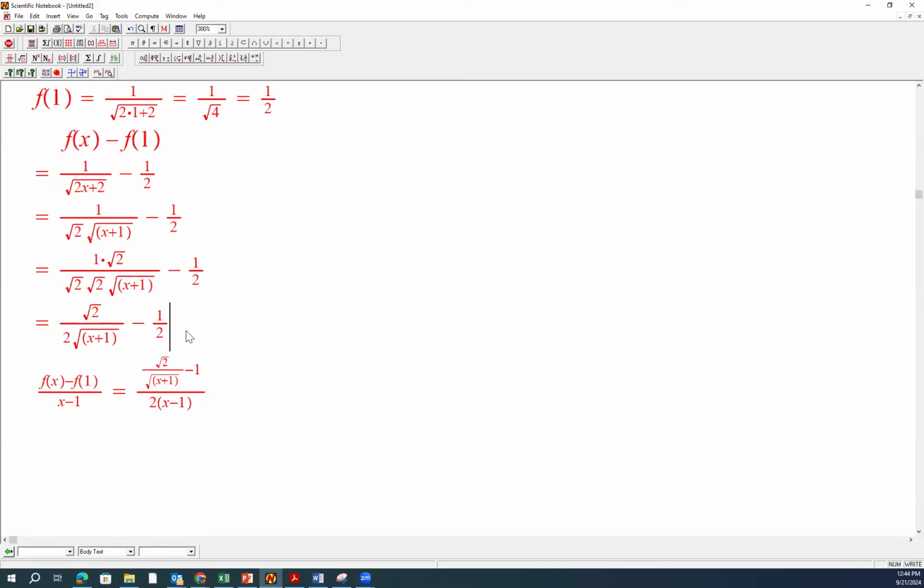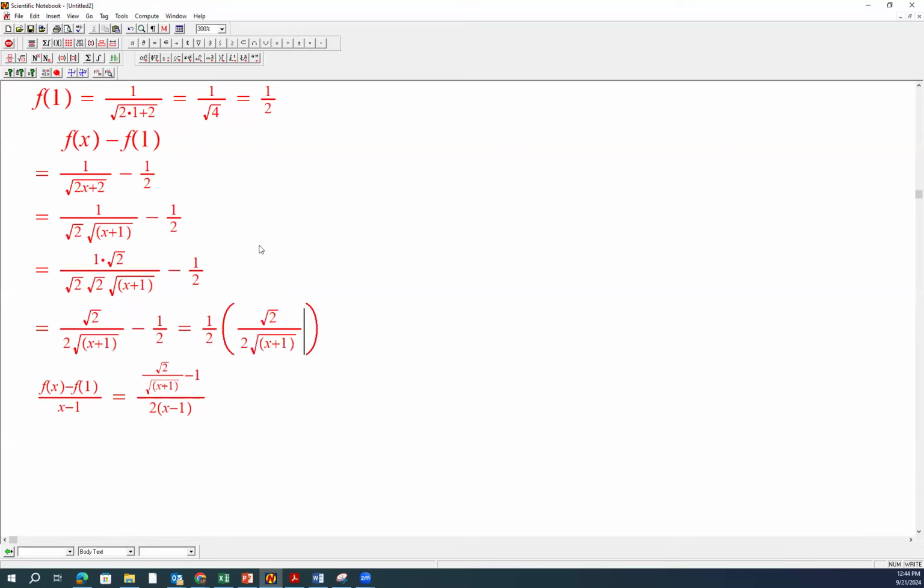Okay, you can see it also from here by taking out the half. You can see this as taking out the half, and then you get that piece. Basically, you factor out the half.